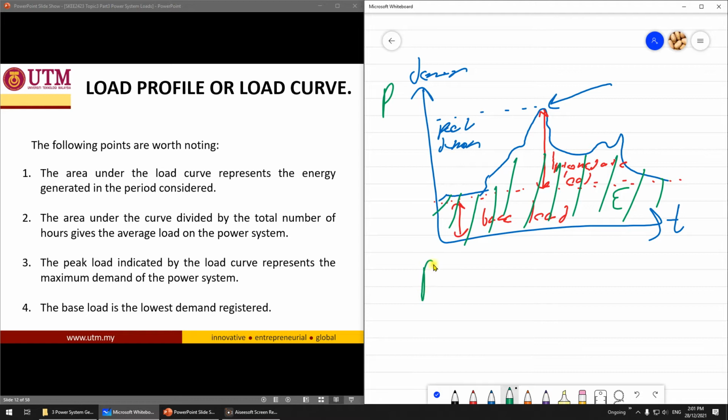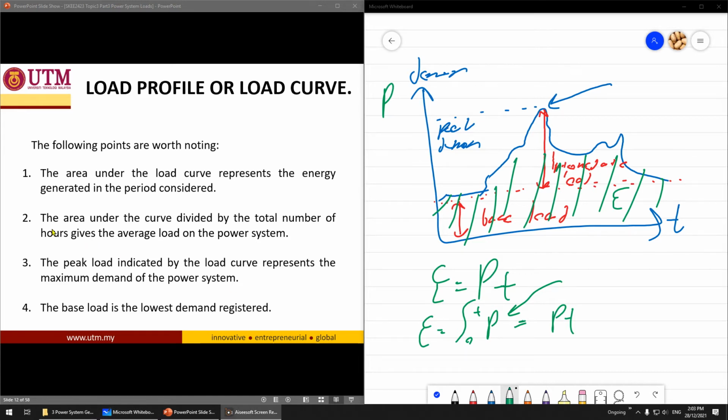Remember, energy is equal to power multiplied by time. Or if you look at the area under the curve, E is equal to the integral from 0 to t of power, you get P times t. So it is the area under the graph. Remember integration: when you integrate the equation, it is basically the area under the graph.